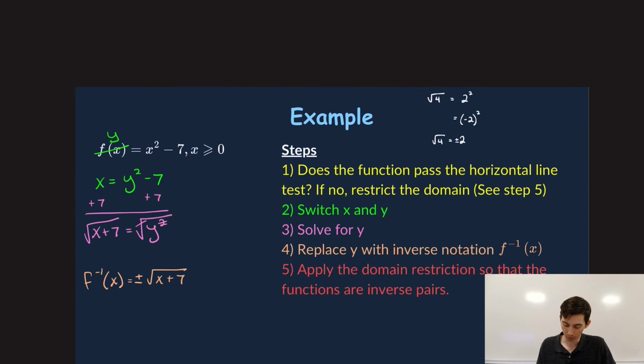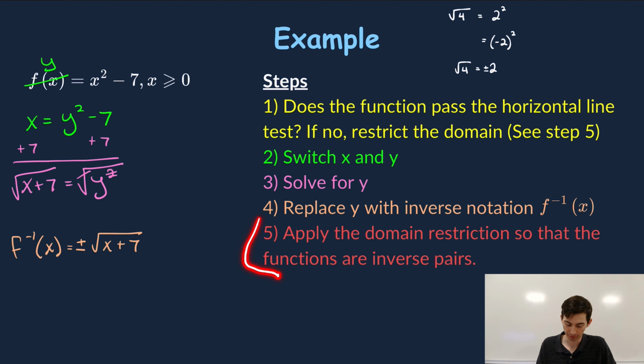And so now what we're going to do with step 5 is figure out, do I want the positive or do I want the negative? And so just like we did when we switched our x and y, we're doing the same thing now with our domain and range. So here, the domain of this was x is greater than or equal to 0.